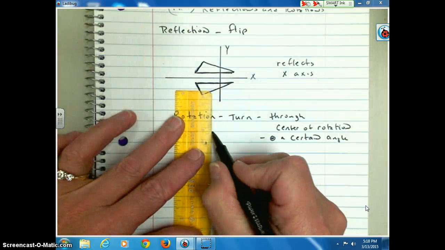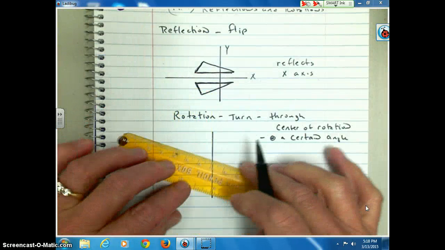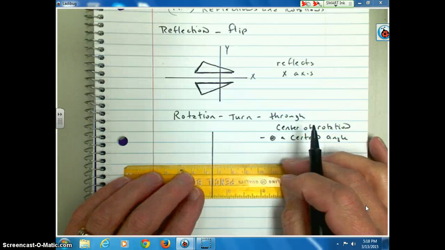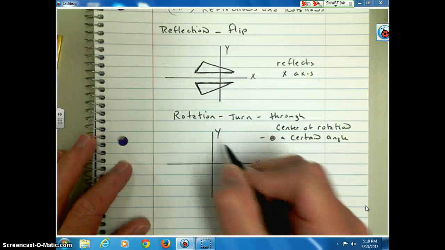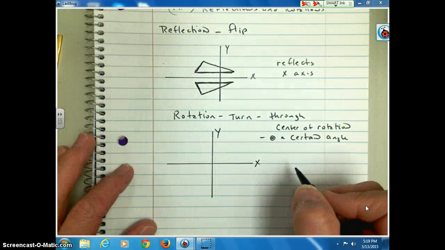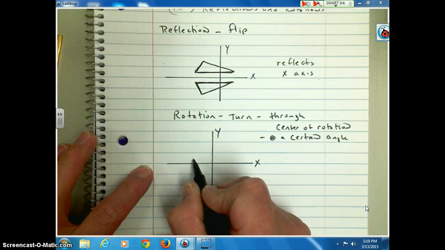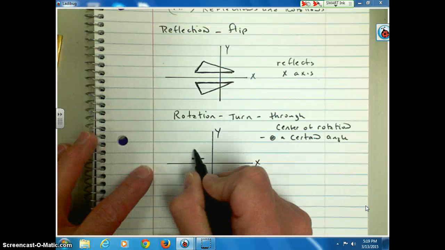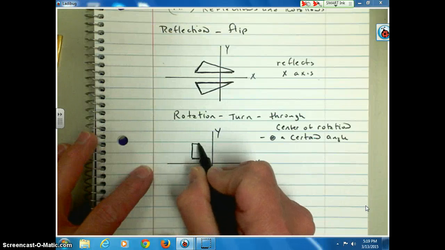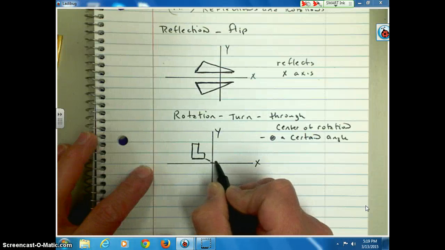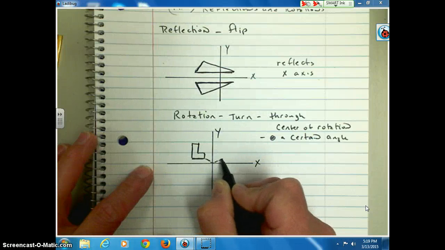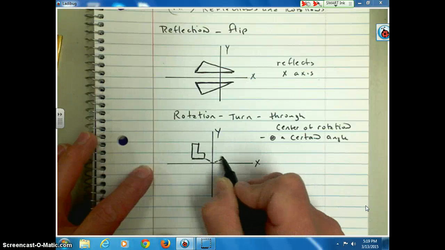Now let's do an example of this. Let's take our straight edge and create our x and y axes. And here we go with the x, and here is the y. And let's do just a really simple drawing of a capital letter L. And we're going to rotate it. So I'm going to make my line right there. That's where I want to aim. So I'm going to rotate it, and this is our point of center of rotation.